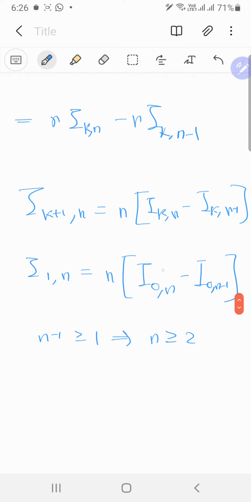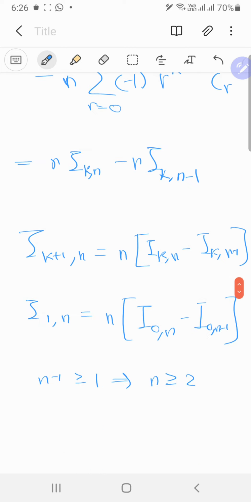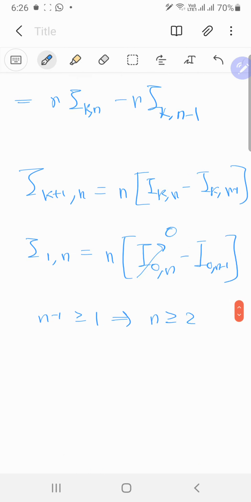Okay, and you can notice that if that's the case, then this thing I 0 comma n, well, we know what this series is. It's just the summation from r equals 0 to n of negative 1 power r nCr, which we know turns out to be 0. So this thing is 0, and similarly this thing is also 0, because you have n minus 1 in place of n.